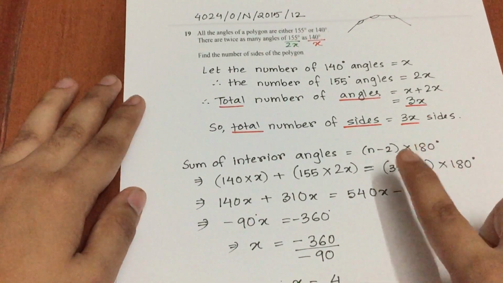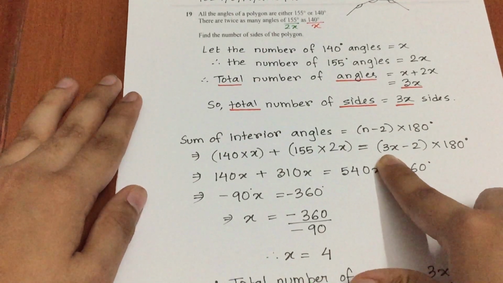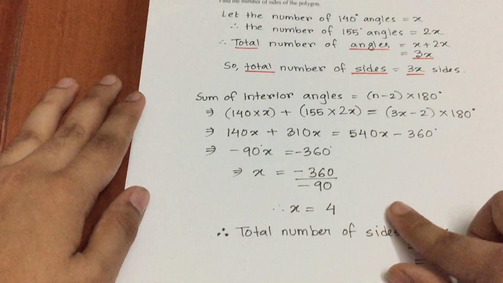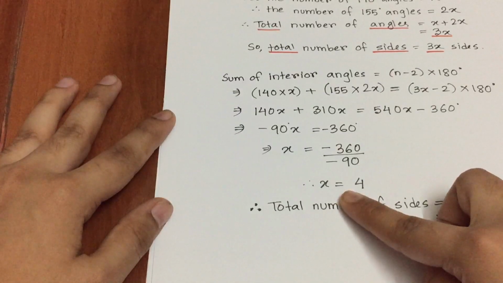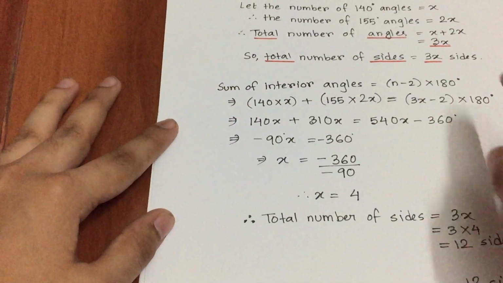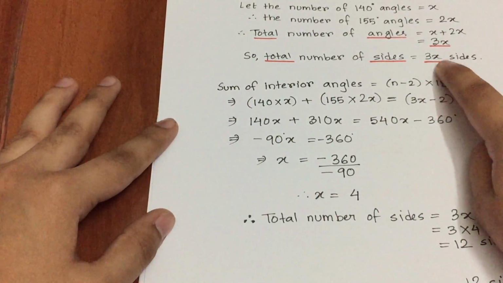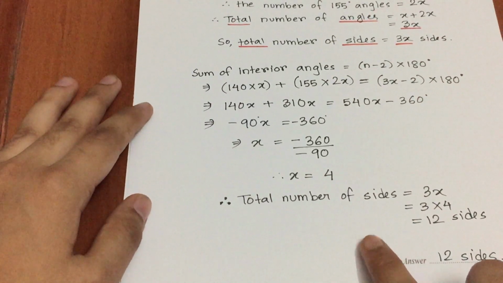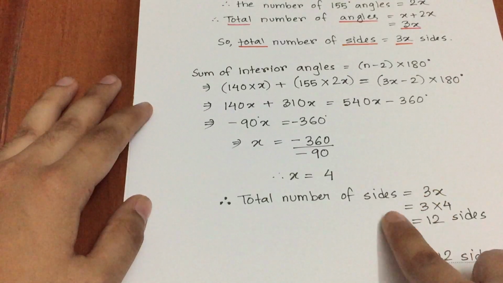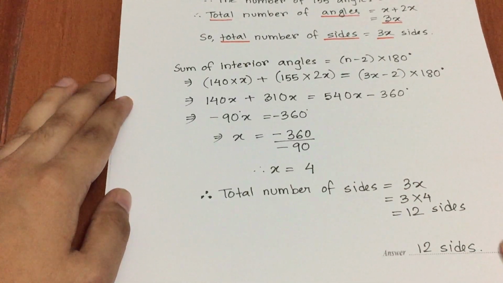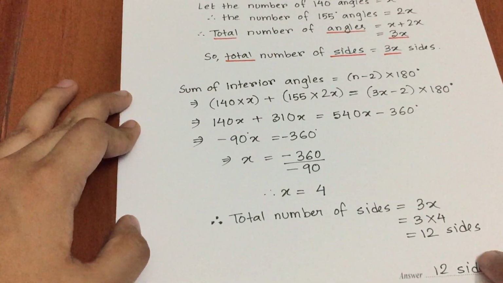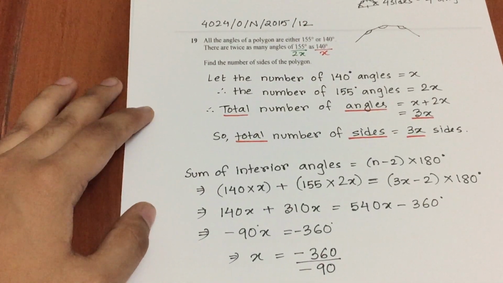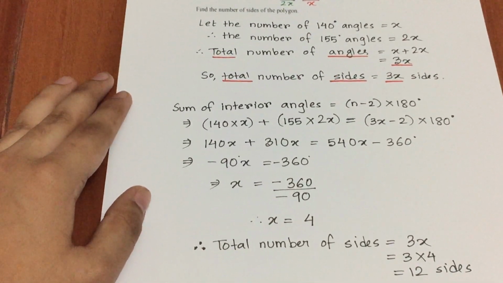So I have put 3x here, and then I solved it and I got x to be 4, but that's not my number of sides. My number of sides is 3x. In total I have 3x sides. So what I have to do is multiply this 4 by 3, so I get 12 sides. So this polygon particularly has 12 sides.